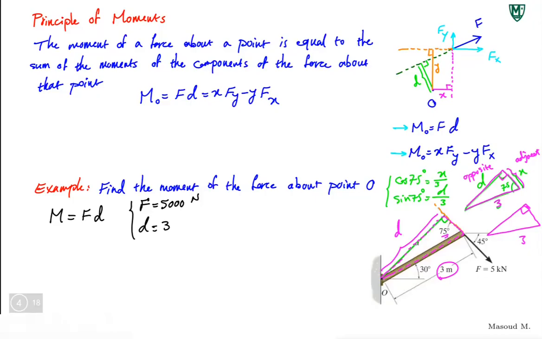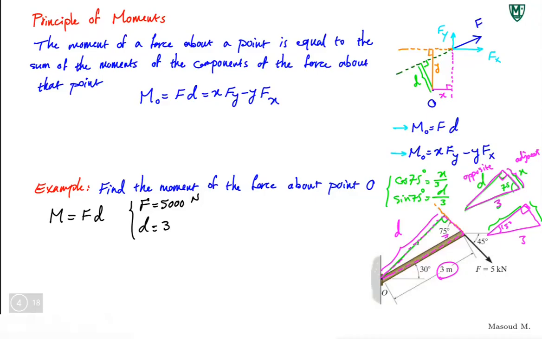You can go with 15 degrees here, and then say, well, if this is 15 degrees, 3 would be hypotenuse. This would be opposite. This would be adjacent. But then sine and cosine would have been switched. Okay, I understand. Thank you.